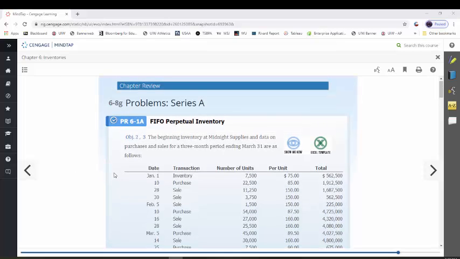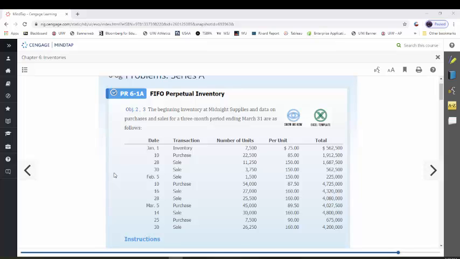Okay, we're doing problem 6-1A with a series of transactions spanning a 3-month period ending March 31st for a company called Midnight Supplies. So we just did this solving it under a periodic inventory approach, and now we're going to compare that to a perpetual inventory.